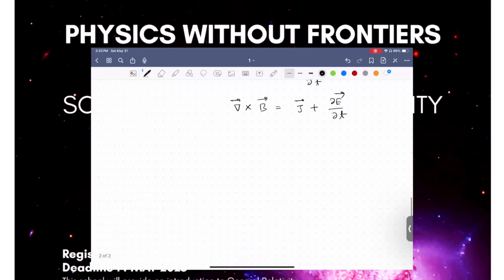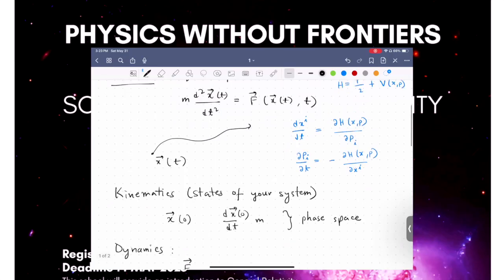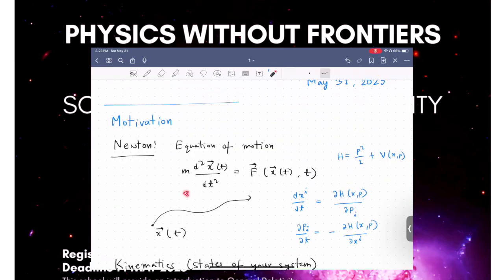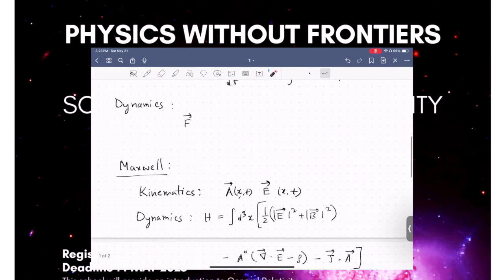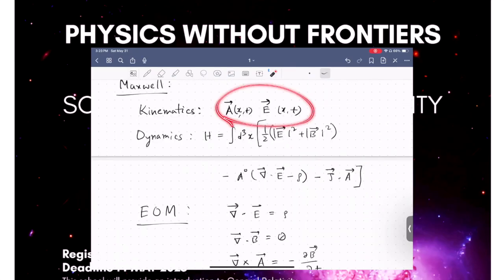So we can now jump back into GR. Here we were trying to describe the dynamics of a point particle. Here we were trying to describe the dynamics of the electromagnetic field.